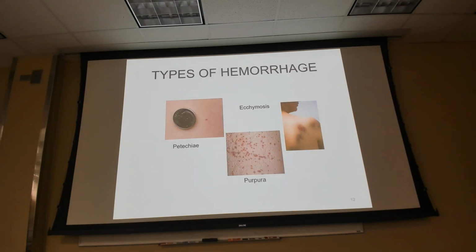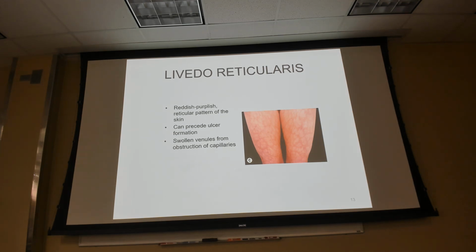So we have petechiae. So that is that small little dot that is even less than a dime. These can also be showing us some of the purpura and ecchymosis. So that is what the hemorrhage of those vesicles are looking like. Livedo reticularis. So this is the reddish, purplish reticular pattern of the skin.